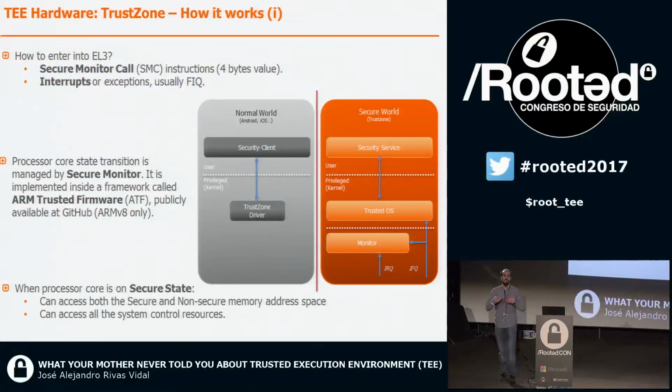So how does the processor get into this level 3 of monitor mode that we saw earlier? The standard way is through instructions called secure monitor call, and the kernel of the operating system will execute that. The other way is through system interruptions.